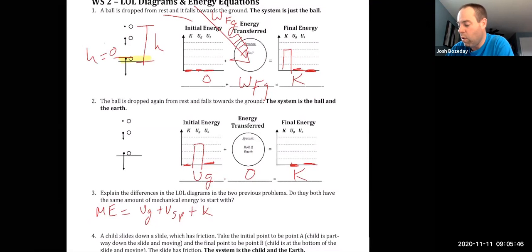In example number 1, mechanical energy increased for the system because there was no mechanical energy to start with, and then there was mechanical energy. And that's because force gravity transferred energy into the system. In example 2, mechanical energy stayed the same because we had the same amount of UG as K afterwards.